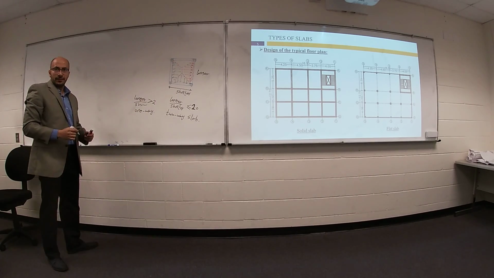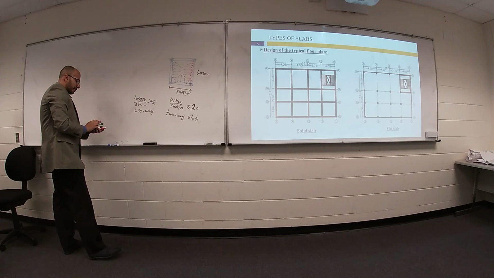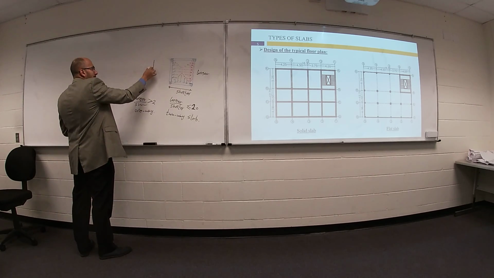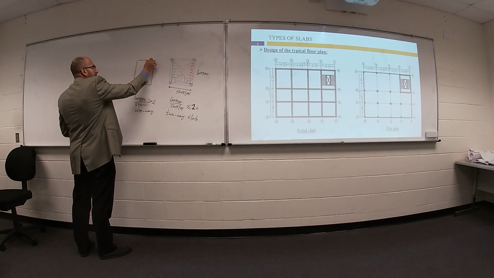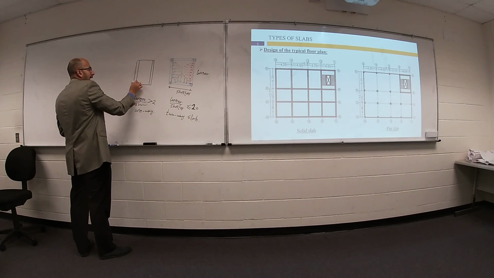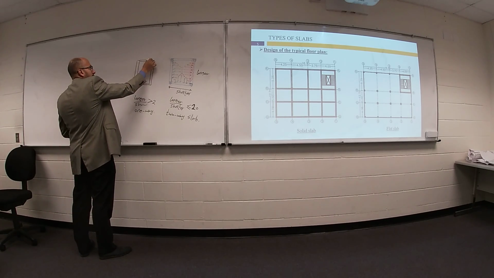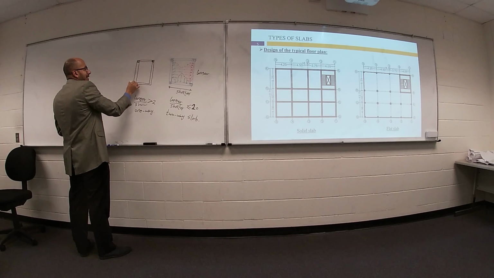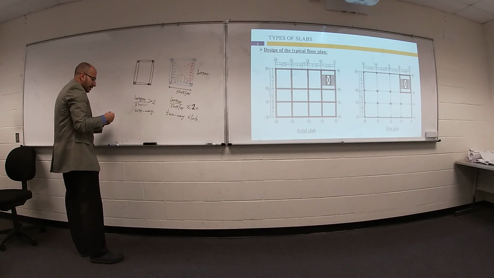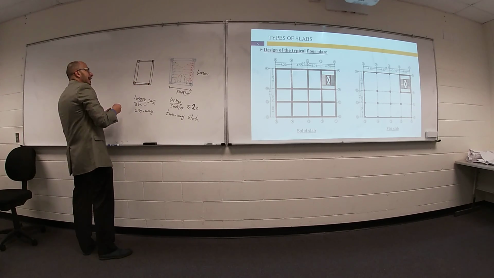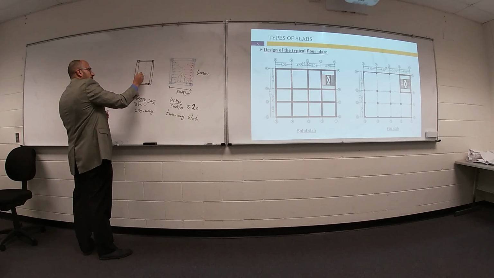Do you remember that? If your slab is a one-way slab, that means we have a very long direction and a very short direction, which is called a one-way slab. One way means the shorter span can be divided by 2.